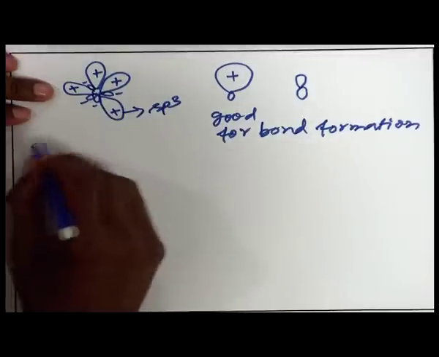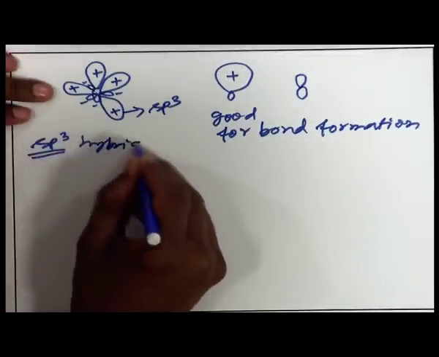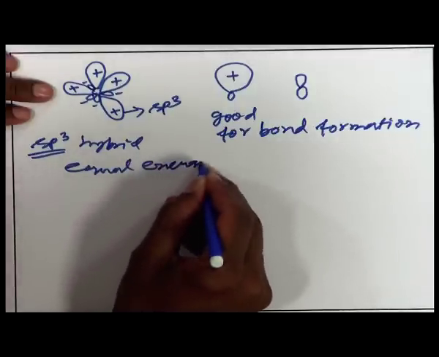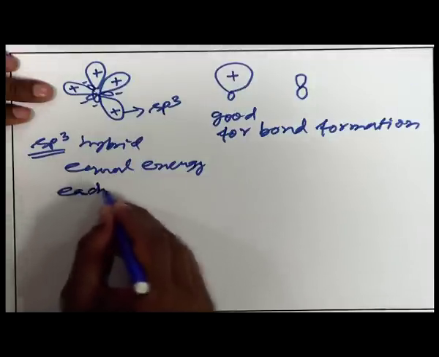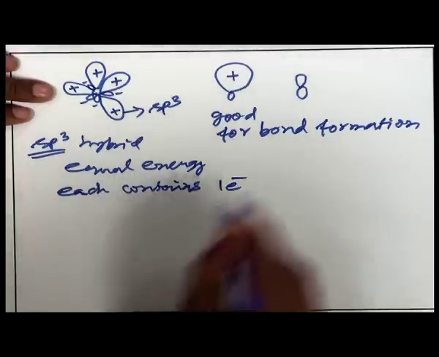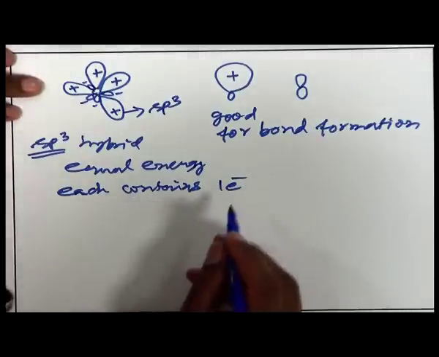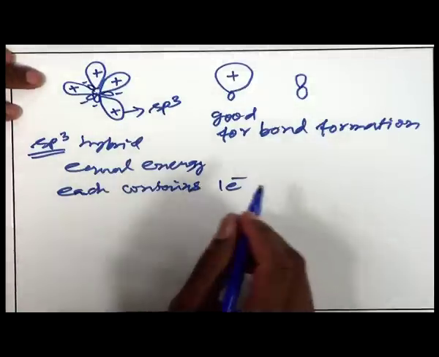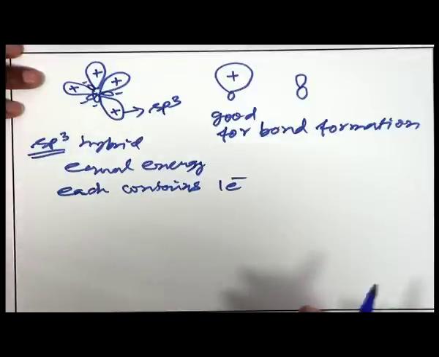The sp3 hybrid orbitals have equal energy, each contains 1 electron, and their lobes are oriented along particular directions, which determines the shape of the molecule.